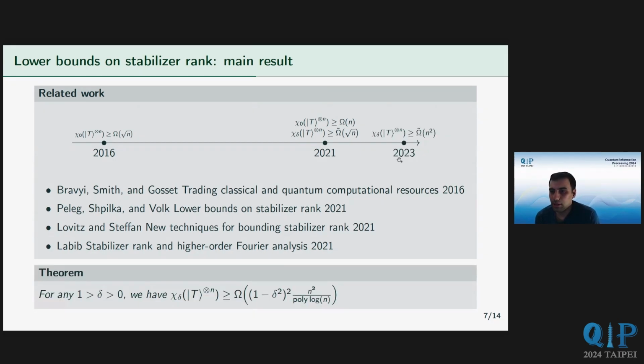And what we could prove was that the approximate rank, and it also implies the exact rank, is at least quadratic. This is the more precise version of our result: it's at least n squared divided by some polylog factor times some constant that depends on this approximation parameter. And note that this is probably not optimal, but this is the best thing that we could prove so far.